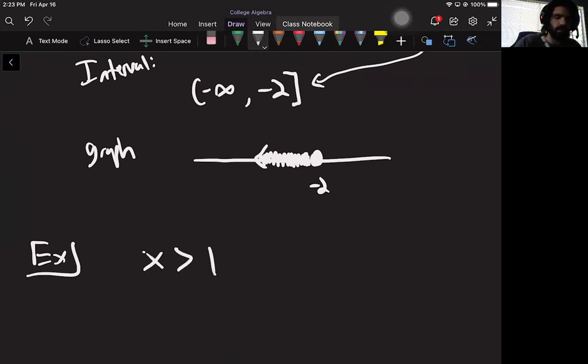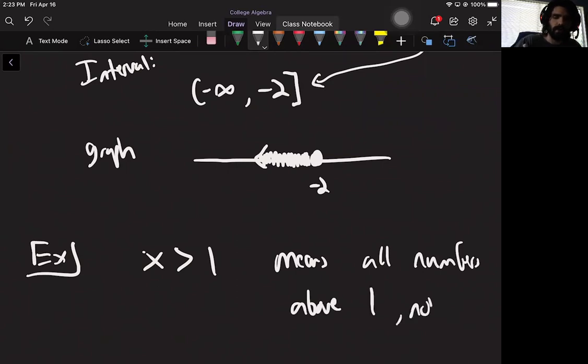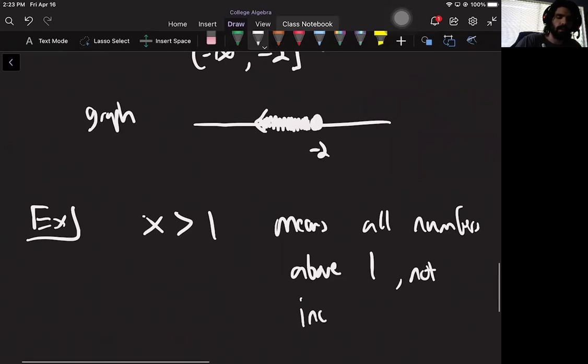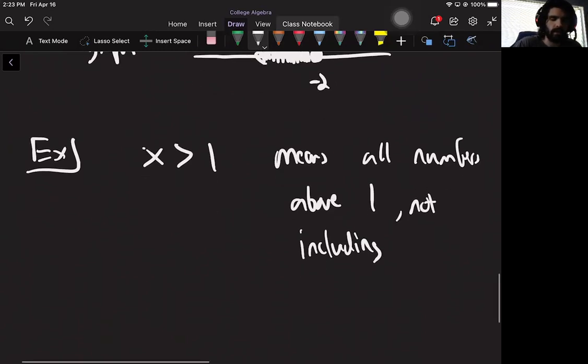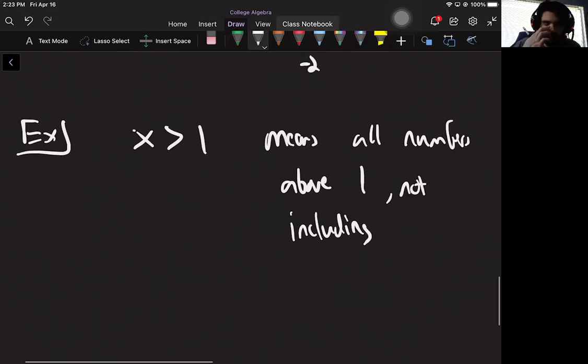1, this means all numbers above, aka greater than 1, but now I don't include 1. So 1 is just like the barrier, but I don't actually include the barrier this time in the count. So now I'm thinking of 1 as my smallest number. I want to start at 1 because I want all the numbers above 1, and then I'm going to go to the right forever.